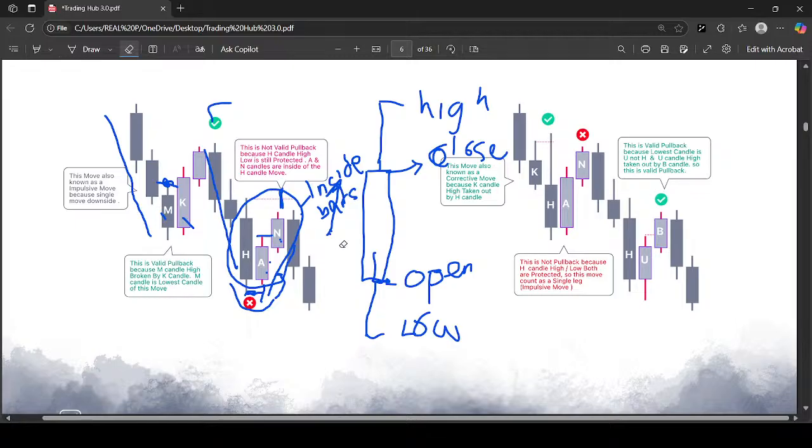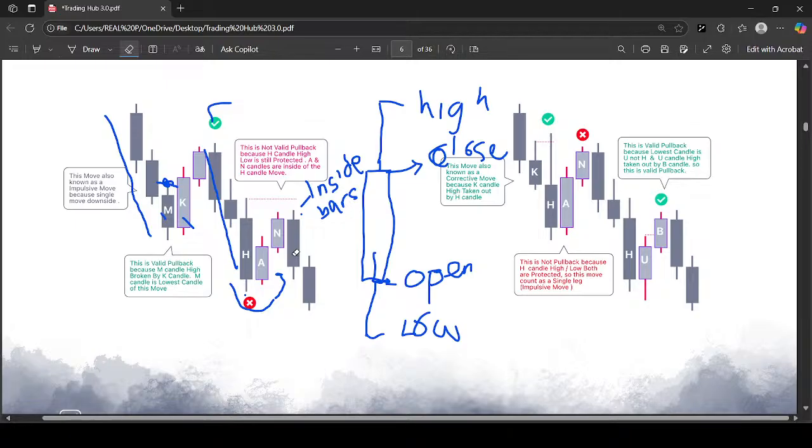The H candles. So both the A candle and the N candle are called what? Inside bars. Inside bars don't result in what? Pullbacks. They are just some manipulation that smart money uses to confuse traders. So somebody may look at this and say, oh, a pullback has formed here, now I can trade.